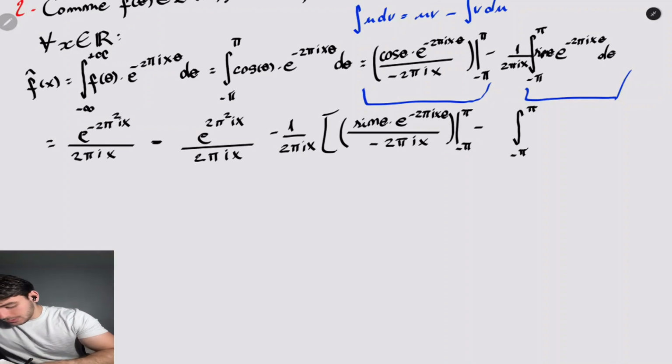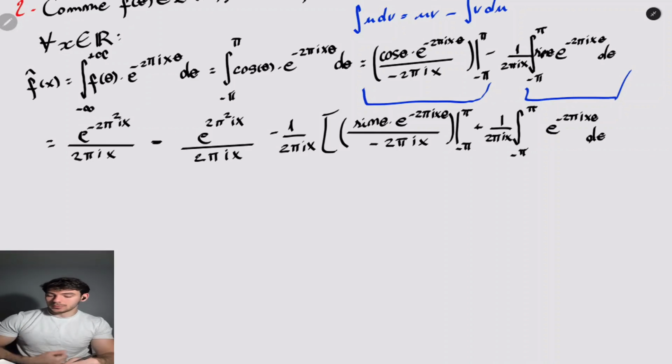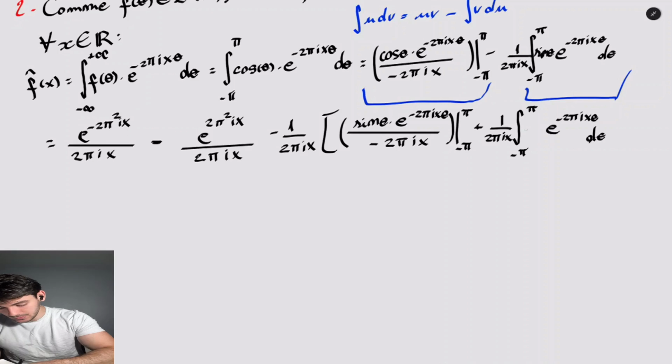So here we already have the exponential integrated. So let's put it right here. Here we are going to divide it by minus 2 pi ix, so it will cancel out and become a positive. And now we need to differentiate sine of theta. That's simply cosine of theta. So cosine of theta. Okay.